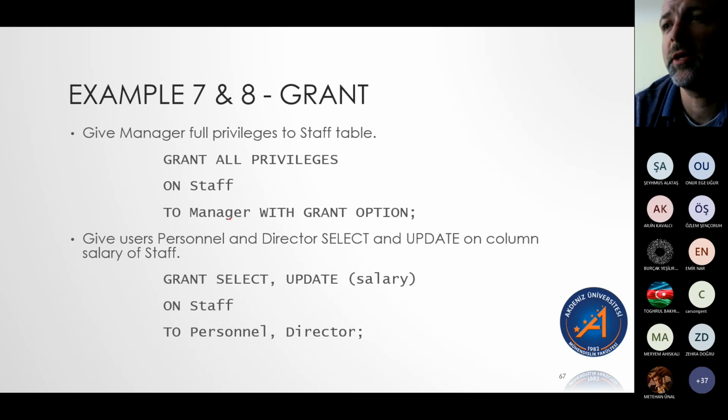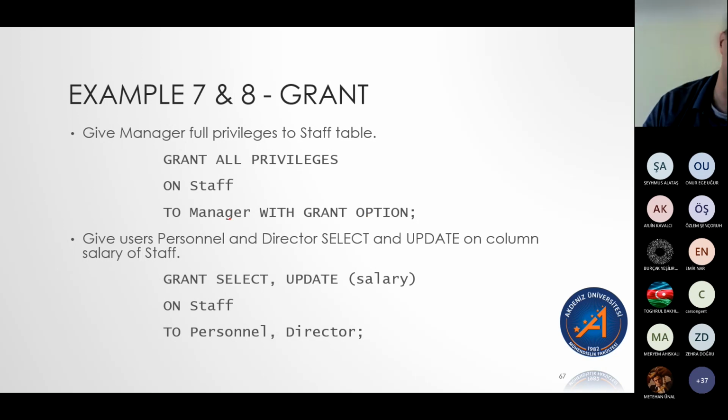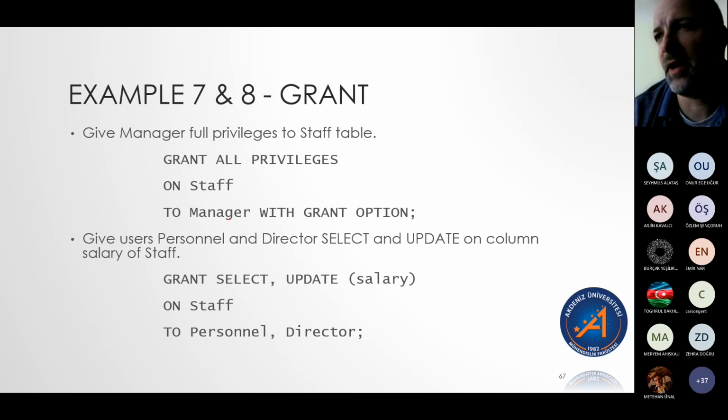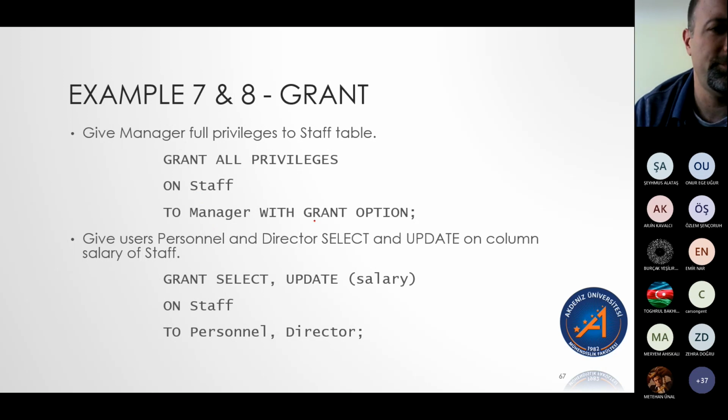That means the manager can now pass any privileges on the staff table to other people. That doesn't mean the manager has privileges to grant privileges on any other table. They can't give privileges on the branch table or the property for rent table. This only gives them privileges on the staff table, and the ability to pass those on.